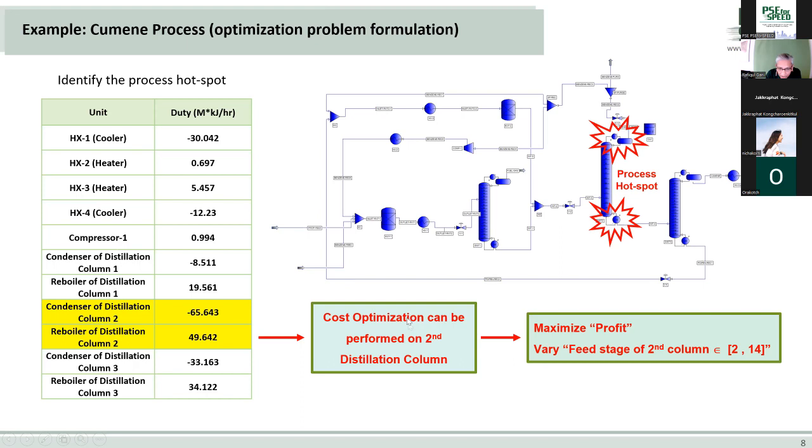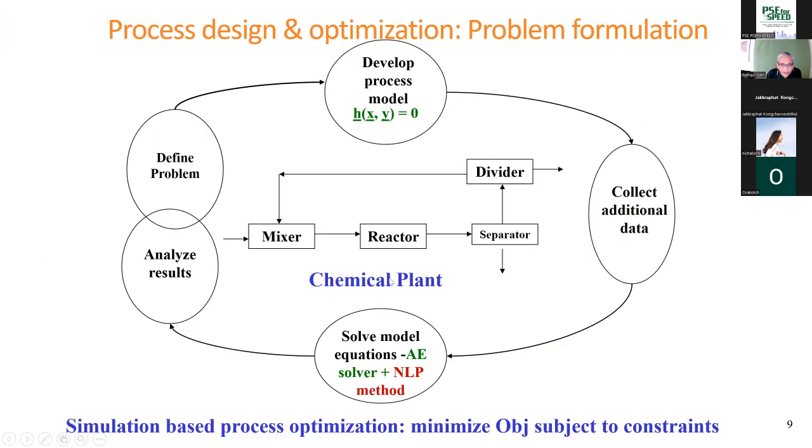But now we need an optimizer because now we have an objective function and we need to solve the optimization problem. So we go back to our definition and we see that everything here is all right. But in the solution of the problem, in addition to the equation solver, we need an optimization method.